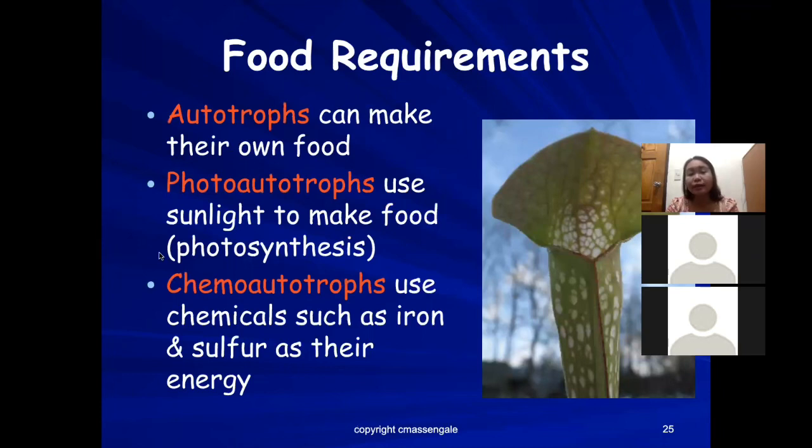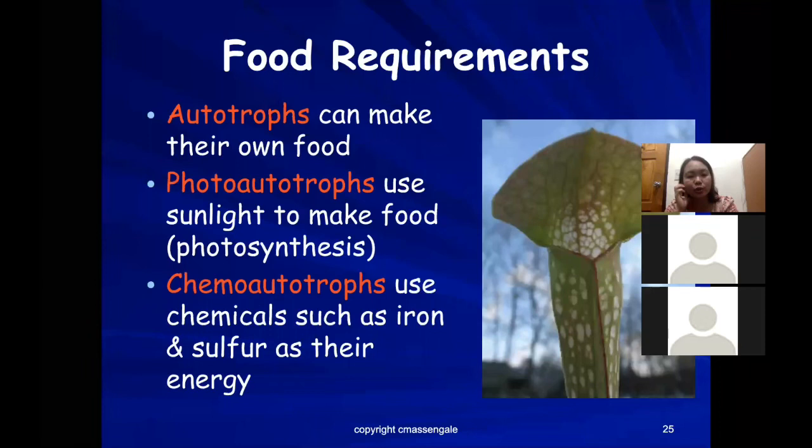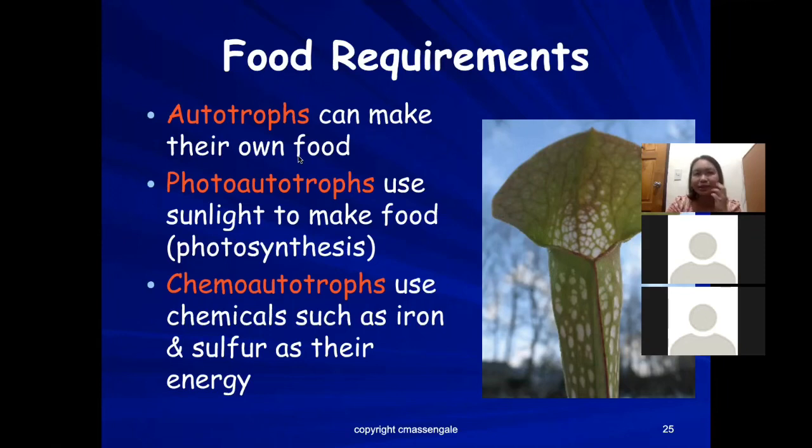And each living thing requires food. So we have discussed, Brian, last time what are autotrophs, photoautotrophs, and chemoautotrophs. All organisms which make their own food, plants and bacteria, are autotrophs, and these are classified as photoautotrophs or chemoautotrophs.